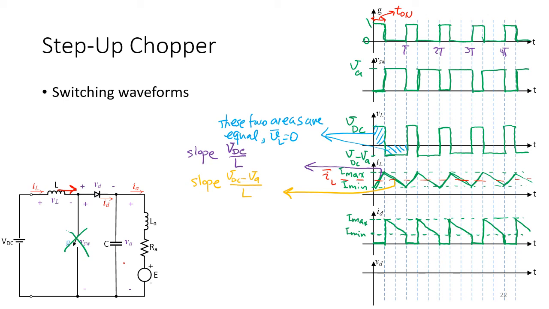And ID average will be something like this.